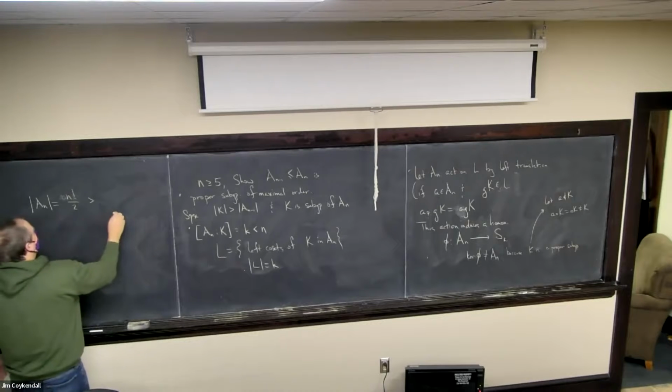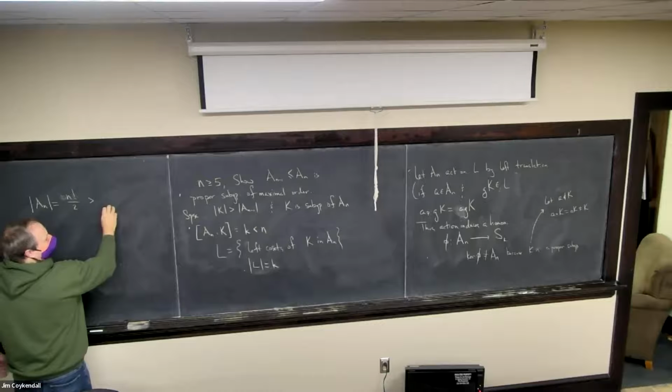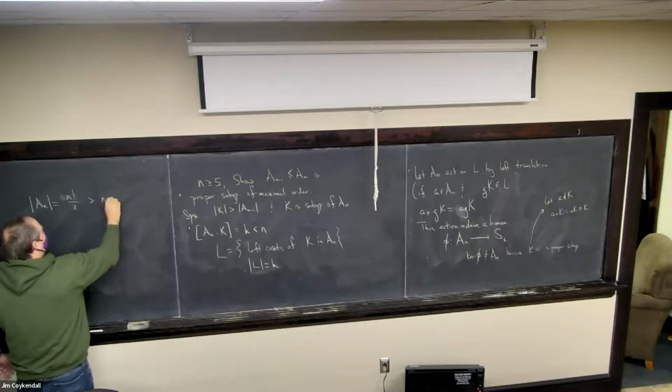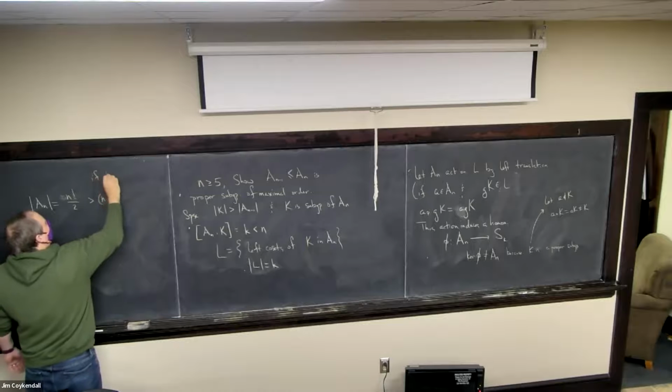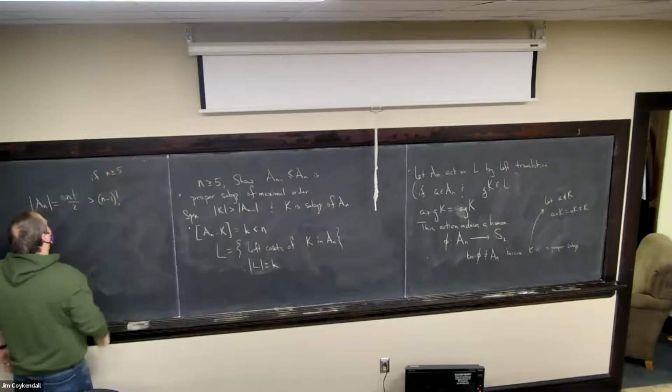N factorial over 2 is greater than or equal to (n minus 1) factorial if n is greater than or equal to 5.